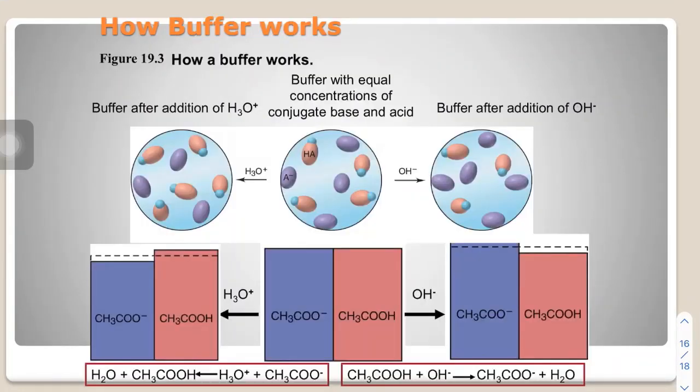This figure is also showing us how the buffer system is working. If you look at the system that we have, in the system we have acetate ion and acetic acid.